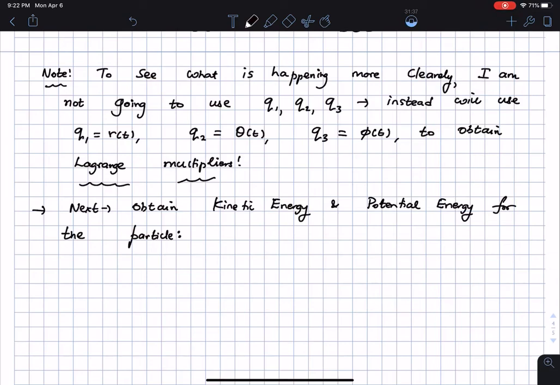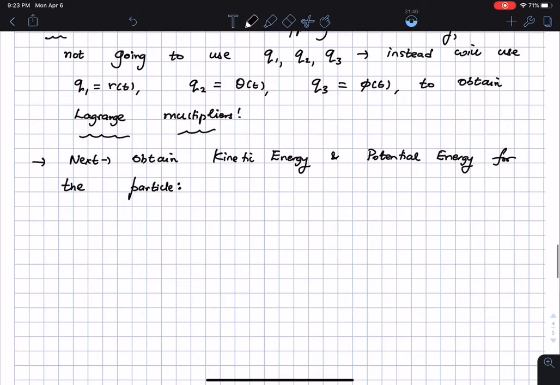To obtain the kinetic energy, we actually need to obtain the velocity of the particle. That's fairly straightforward, as we have seen in many problems, but let us go forward and obtain it.